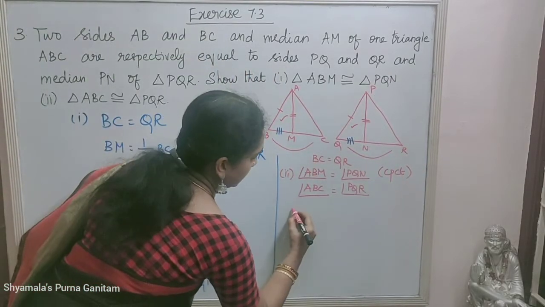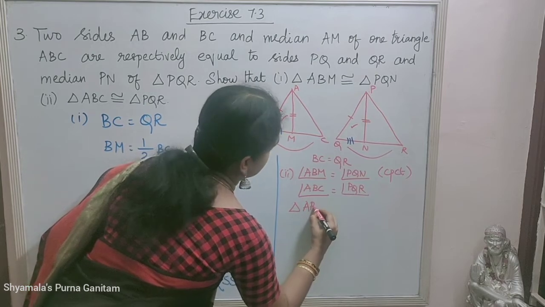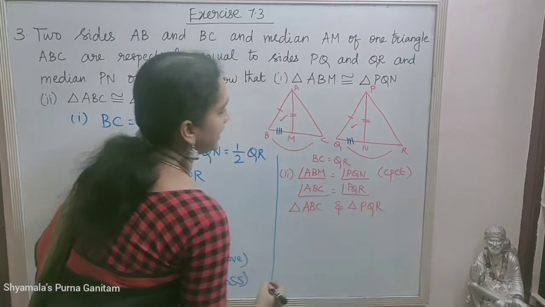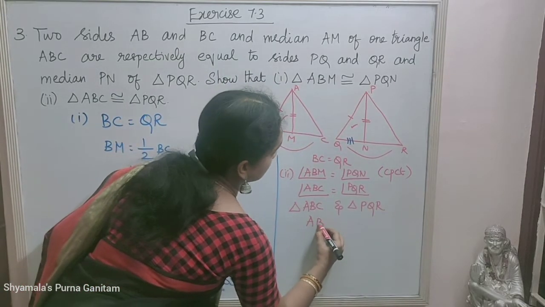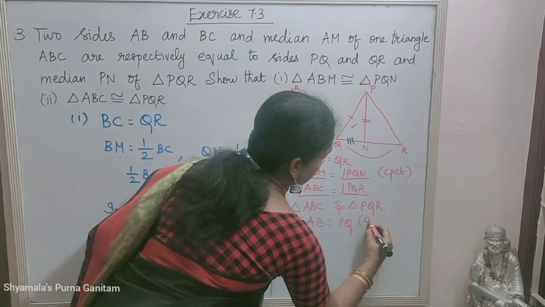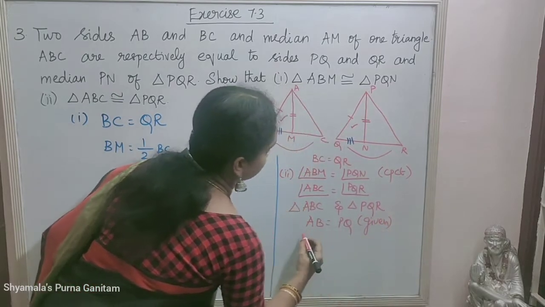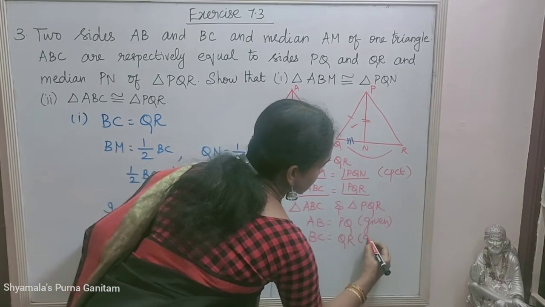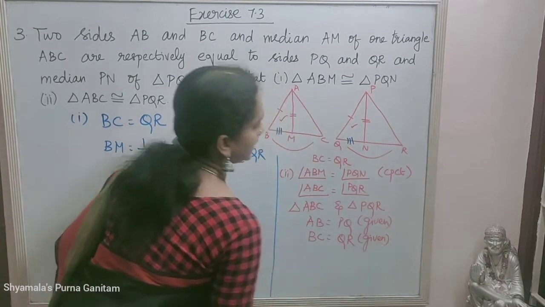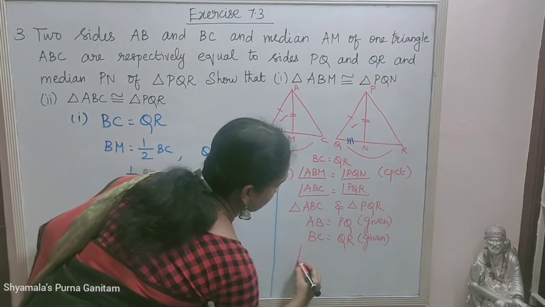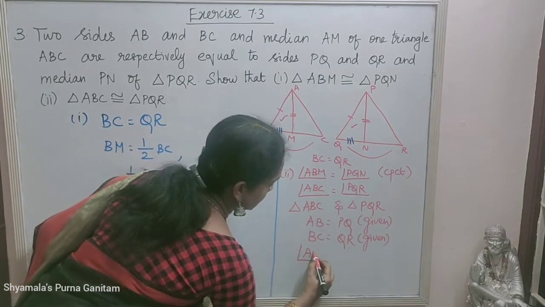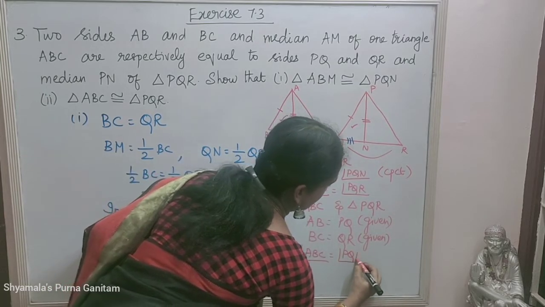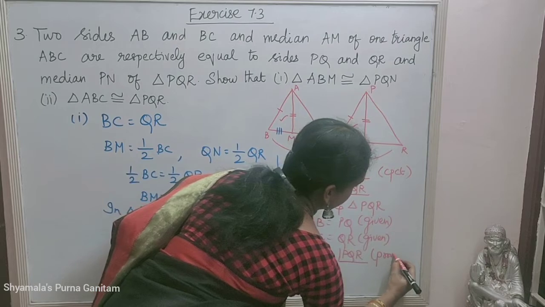Okay, now we will take triangle ABC and triangle PQR. In these two triangles, AB is equal to PQ. This is given in the question. And BC is equal to QR. This is also given in the question. Then just now we have proved that angle ABC is equal to angle PQR, proved above.